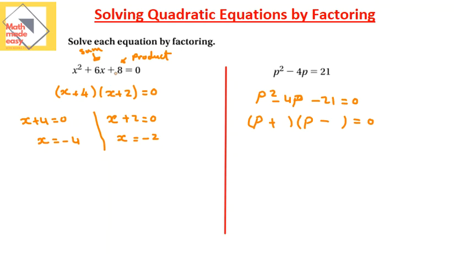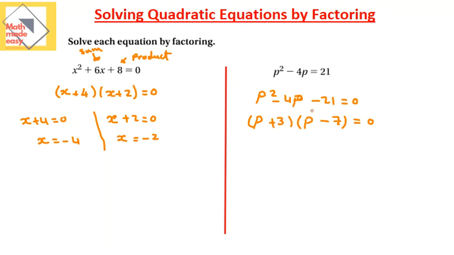Here, because the product was positive, I knew both of them were of the same sign. And when I added them, I got a positive number, so both of them had to be positive. In this case, the product is negative, so I want two numbers of opposite signs. Now, these two numbers are going to be 7 and 3. 7 and 3 will add up to negative 4 only if the 7 is negative and 3 is positive.